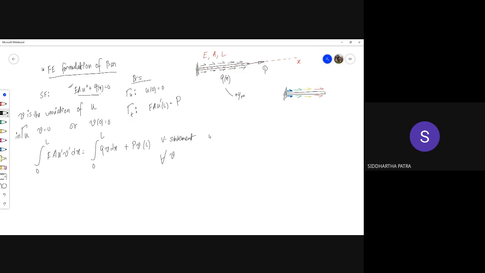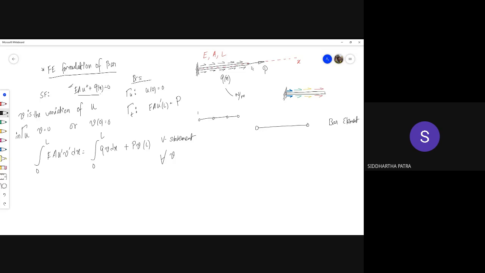So the next thing that we are going to do, as a starter, is imagine the entire bar to be a single bar element. Okay. Now, we could also have taken multiple elements along the length, and each of these bar elements we would number.